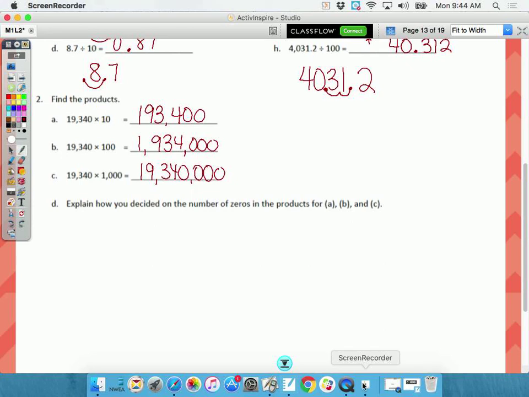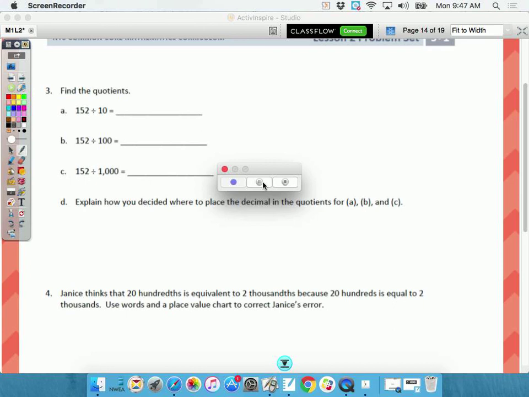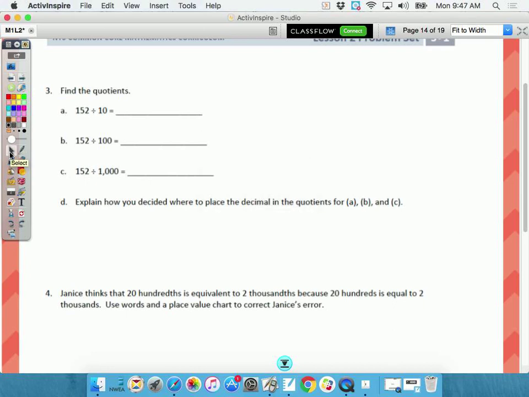Okay, let's take a look at the back. Okay, for number 3, it looks to me like it's the same thing we just did, except we're dividing. So make sure you're on number 3. Julian, tell me what all these have in common. They're all dividing. They all start with the same number.